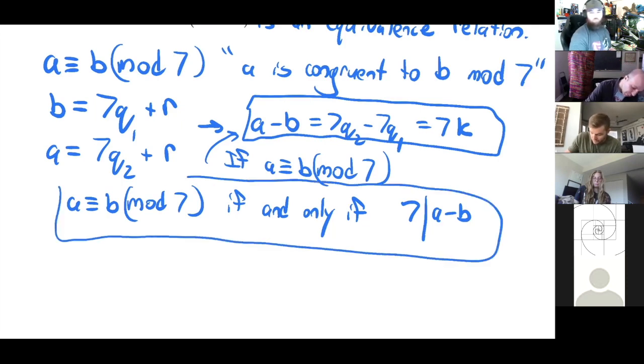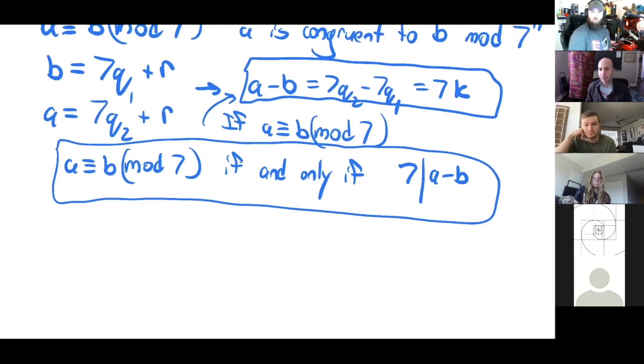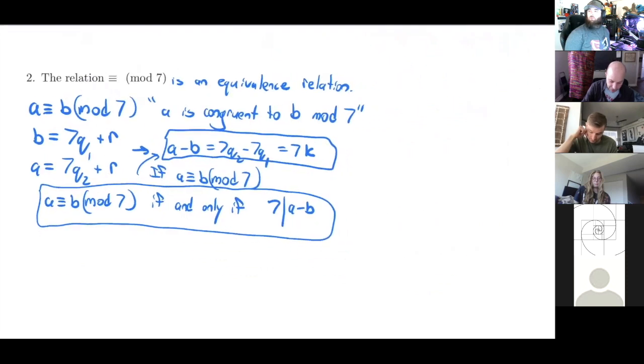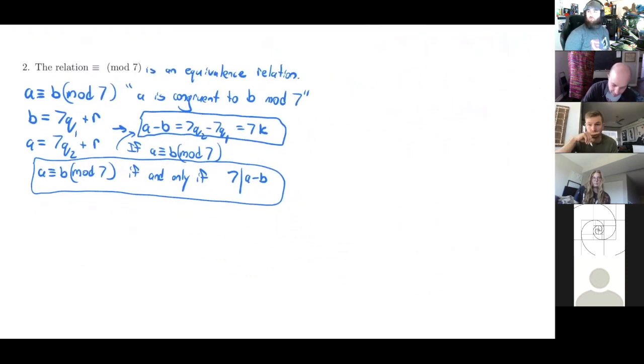Some books might define congruence mod 7 in this way. If 7 is a divisor of the difference, then those two numbers are congruent mod 7. So that's just some background about that.